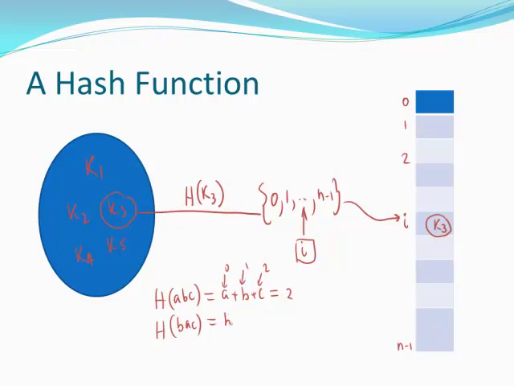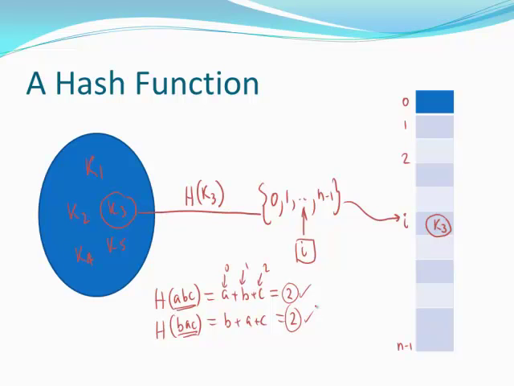That also gives you the number 2. So although it's a simple function, there's a problem with what we call collisions. In other words, two different keys mapping into the same number. So what do you do in a situation like that? We'll talk about that in a little bit.